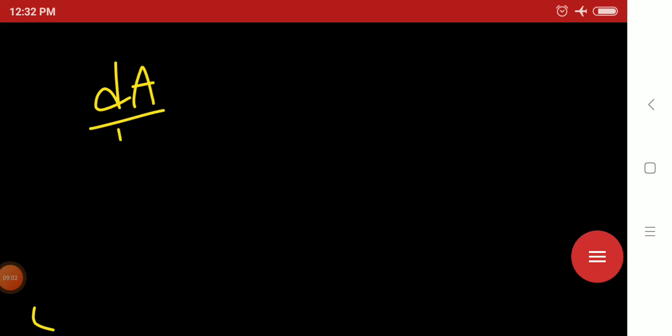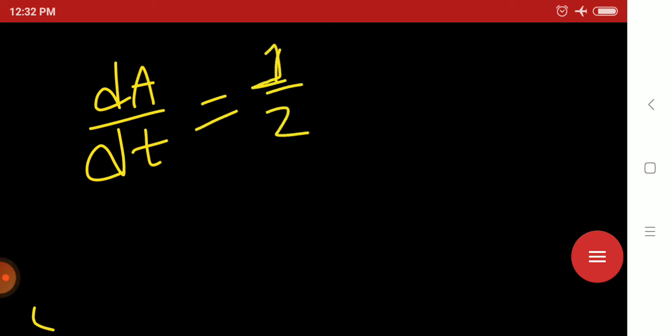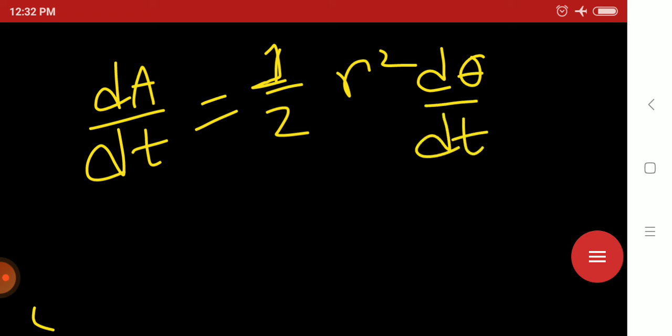dA by dt. dA equals half r square d theta, which I have got, and dA by dt equals half r square d theta by dt.